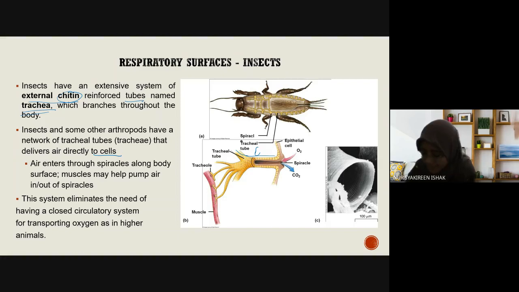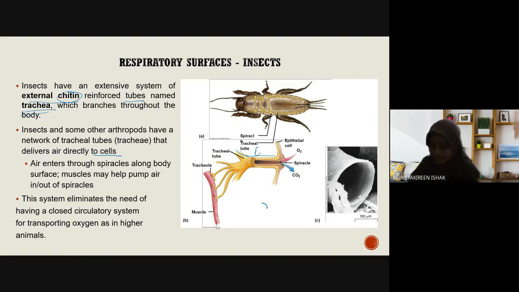Okay, so branch ni akan extend into individual cells within the insects. Okay, so this system eliminates the needs of having a closed circulatory system for transporting oxygen as in higher animals. So kita tengok dah pun hari tu kan, kalau for insects they have open circulatory system. Okay, for respiration they depends on tracheal system.